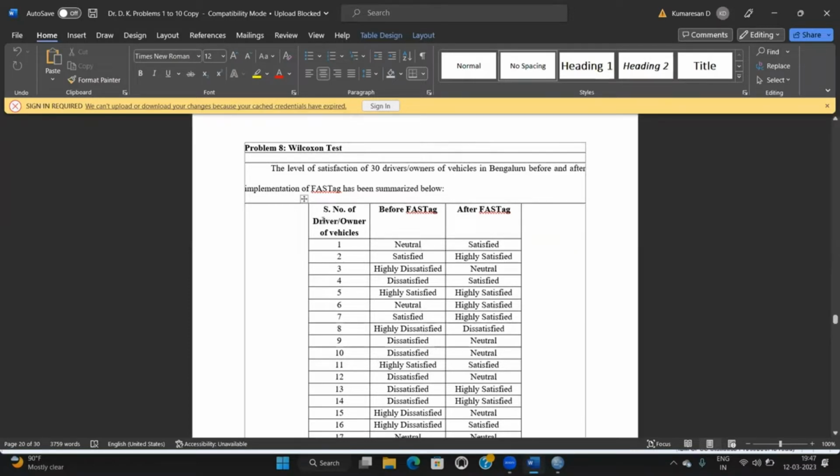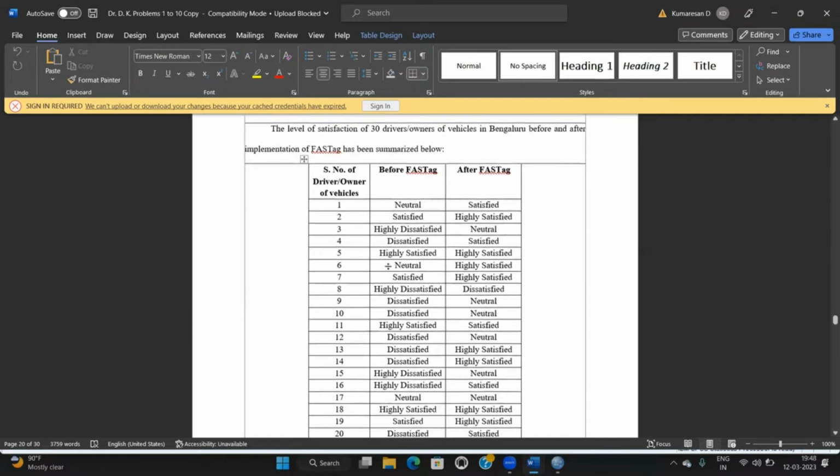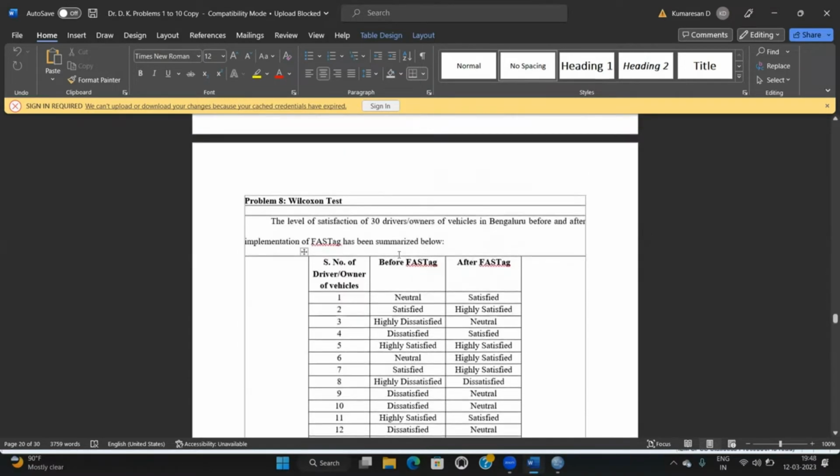Here also two data, one sample, two data. One sample, one data means one sample t-test. Two samples, one data means independent sample t-test. One sample, two data means paired sample t-test. The same here. Two samples, one data means Mann-Whitney U test. One sample, two data means Wilcoxon test. That's all. So here, the data are given as grades.